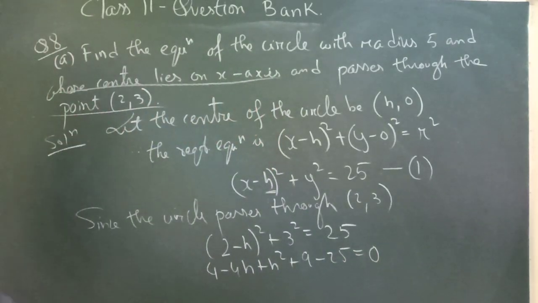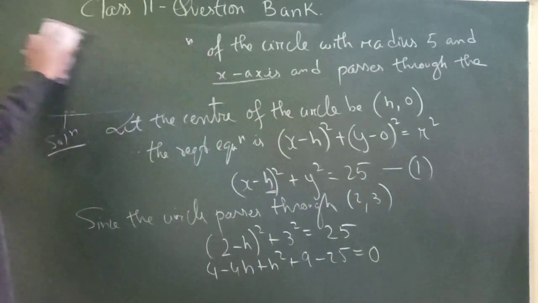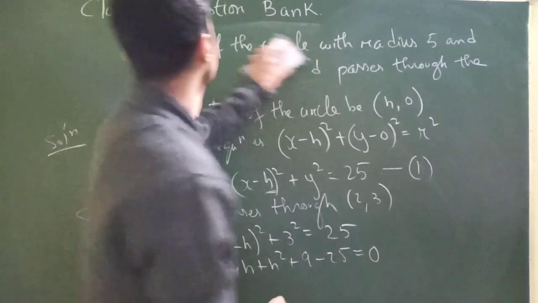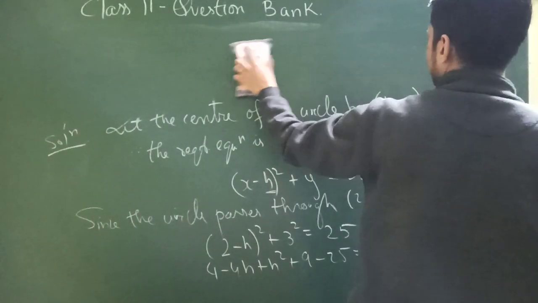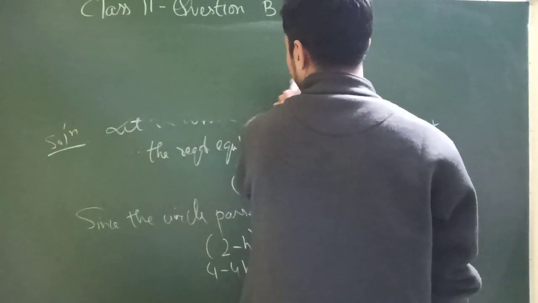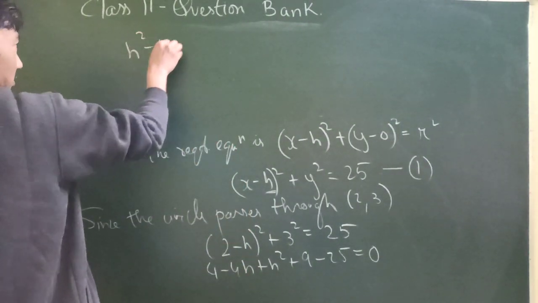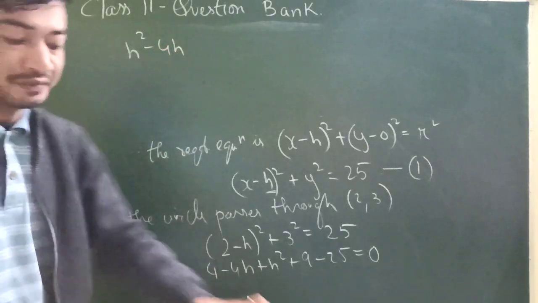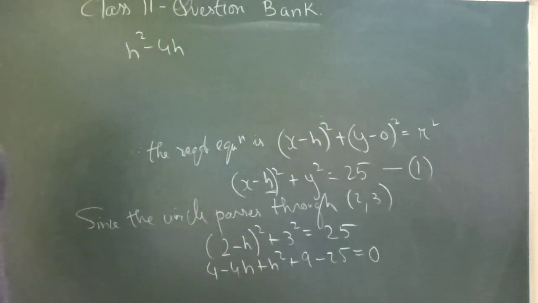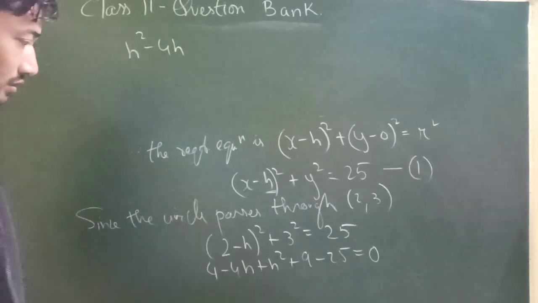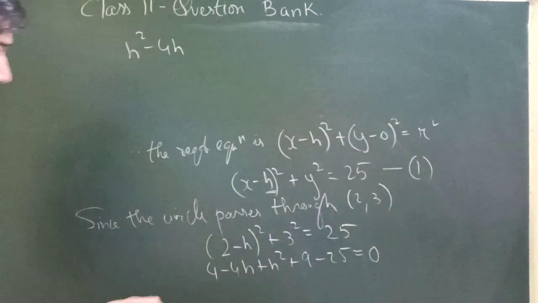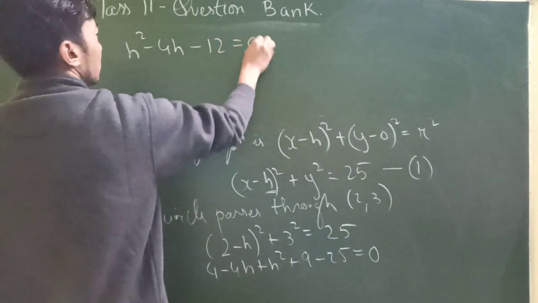Just trying to solve it now. So that's going to be h square minus 4h, 9 plus 4 is 13, minus 25 is minus 12. So h square minus 4h minus 12 is equal to 0.